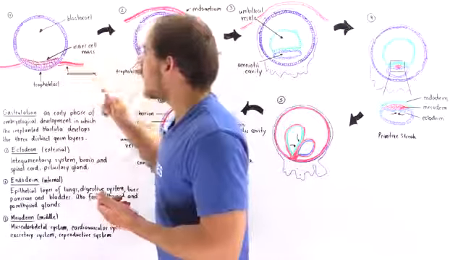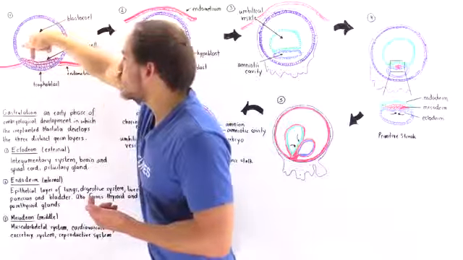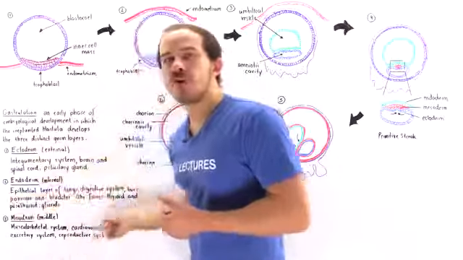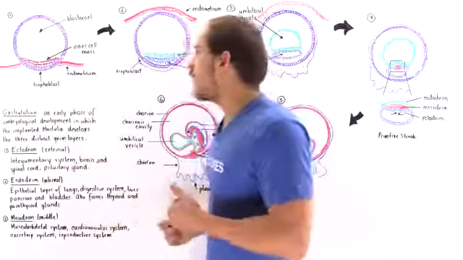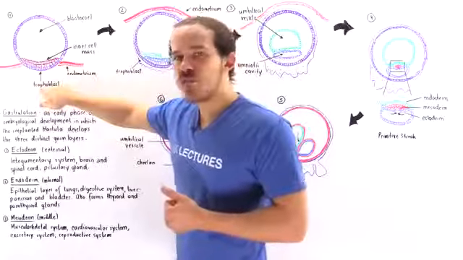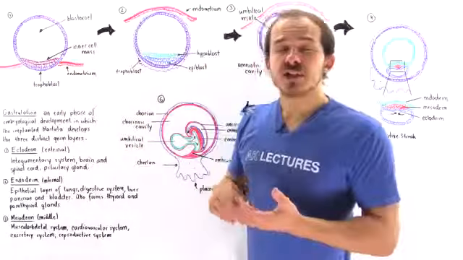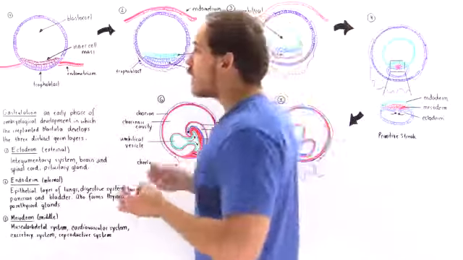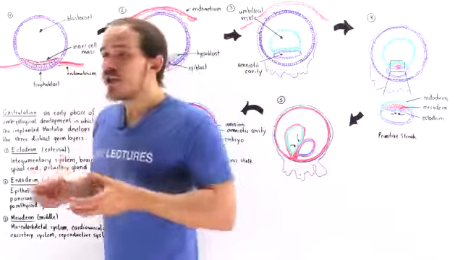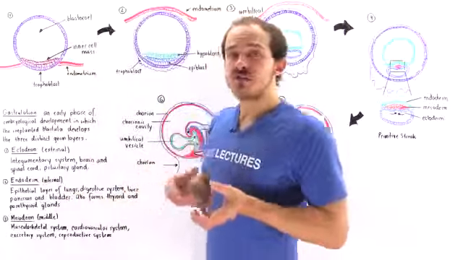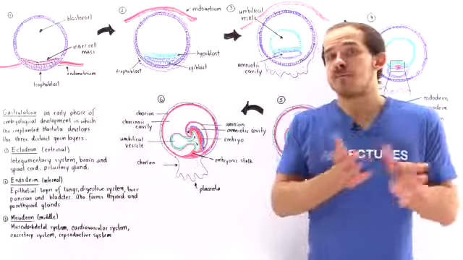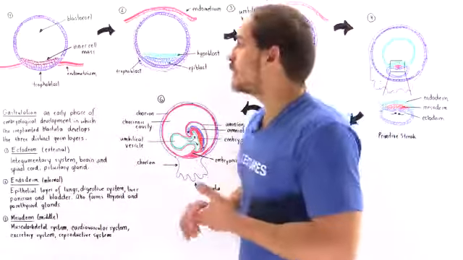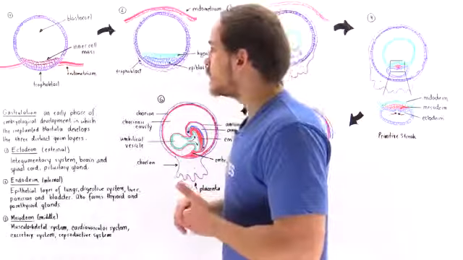Now, the inner cell mass, the cells shown in light purple, eventually form these 3 distinct germ layers, while the cells of the trophoblast eventually give rise to the chorion as well as to the placenta. And remember, the placenta is the structure that provides a source of nutrition and oxygen from the mother to that developing fetus.